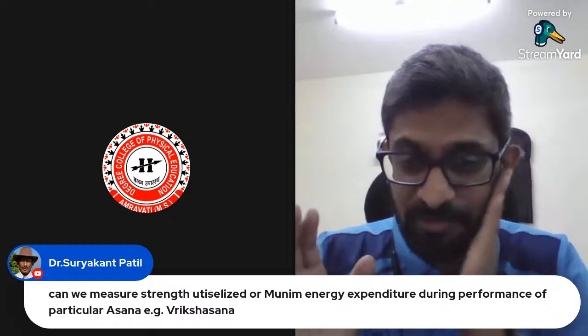Yes, we can do that. We can measure the maximum strength, the average strength, the average force, the power, as well as the work done. Using these metrics, you can find out during the performance of a particular asana.